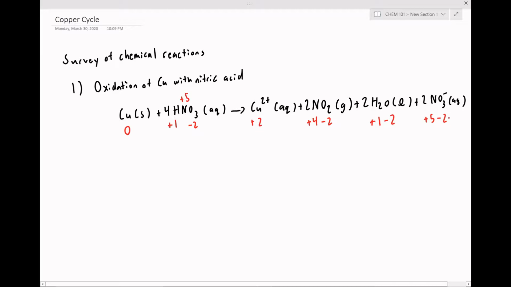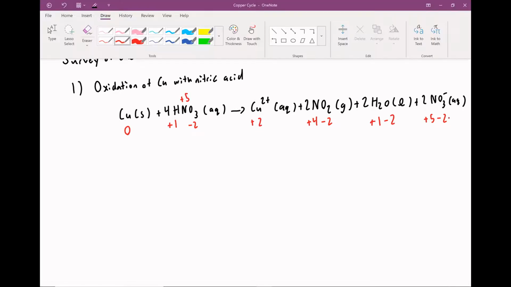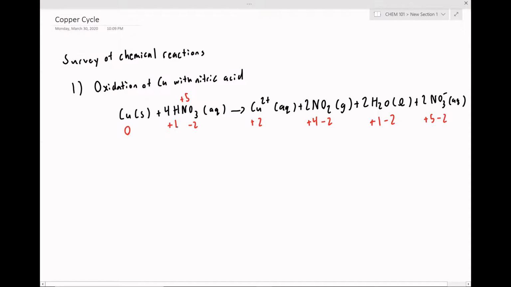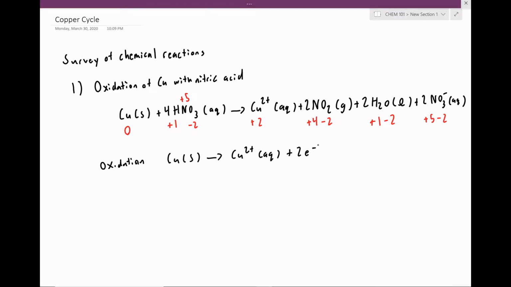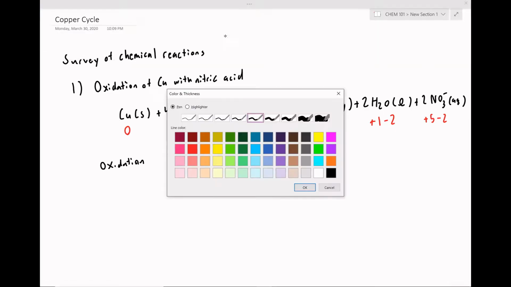Now, looking at this equation, we can identify next our oxidation half reaction, which is copper solid, leading to copper 2 plus, aqueous, plus 2 electrons. Because we went from 0 to +2, we lost 2 electrons. Now let's look at our reduction half reaction.